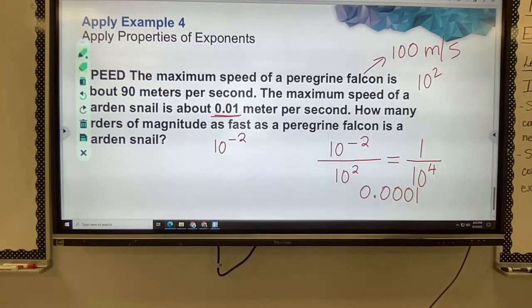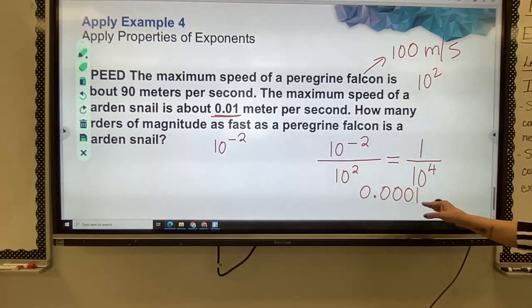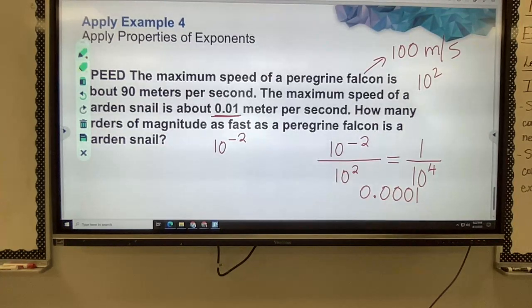All right, so remember I taught you how to do decimals, so this is 1/10,000th. So we know that a snail is approximately 1/10,000th times as fast as a falcon, or a snail is -4 orders of magnitude as fast as a falcon.